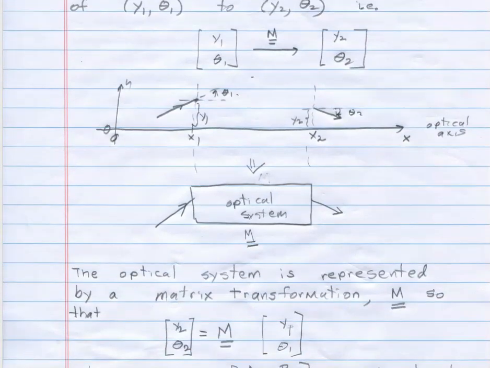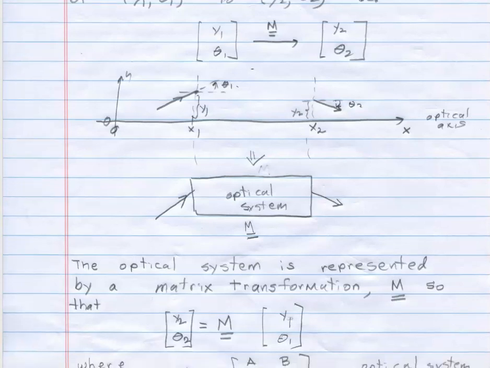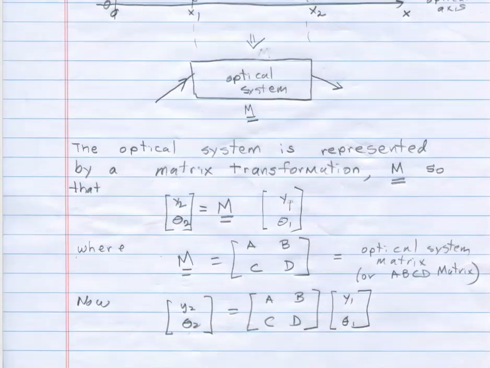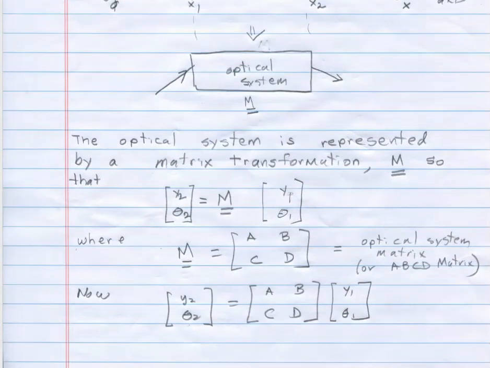So optical systems are generally represented by a transformation matrix that takes the entry y1, theta 1 to the output y2, theta 2. There are different notations for it. Some people use T because it's a transformation matrix. It's usually called the optical system matrix. It's a 2 by 2 matrix because we're transforming a two-component column matrix into another two-component column matrix with a square 2 by 2 matrix.